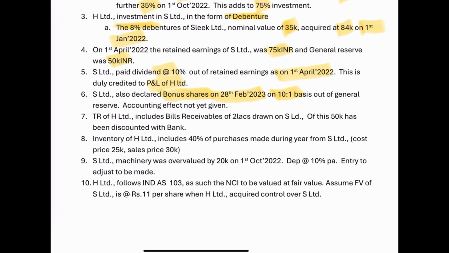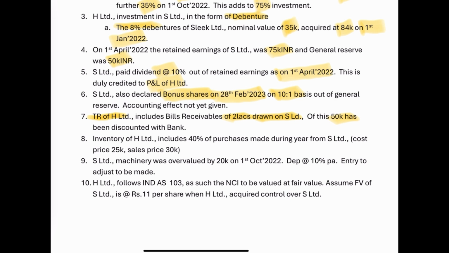Then the seventh piece of information: the trade receivables of H Limited include bills receivable of rupees 2 lakhs drawn on S Limited, so we'll have to do a bit of elimination. Out of this 2 lakh, 50,000 has been discounted. Generally the intercompany trade receivables between the holding company and the subsidiary company need to be eliminated in the consolidation.